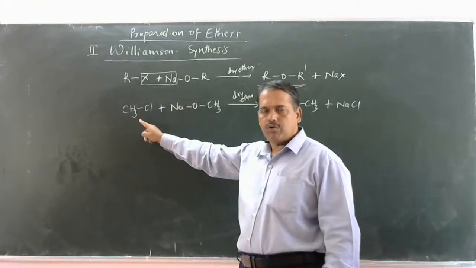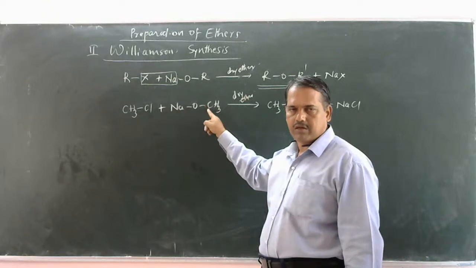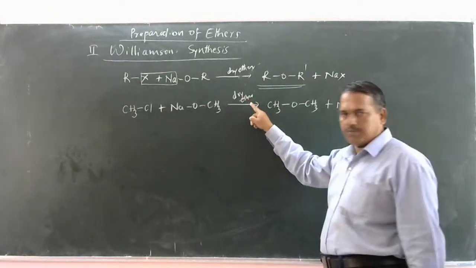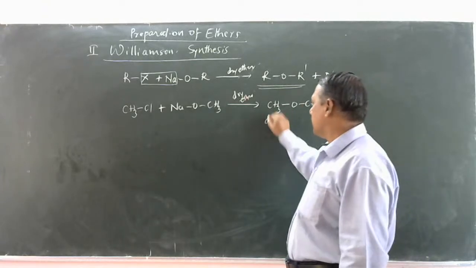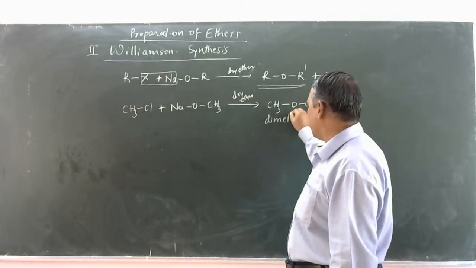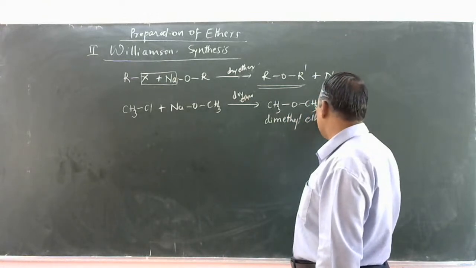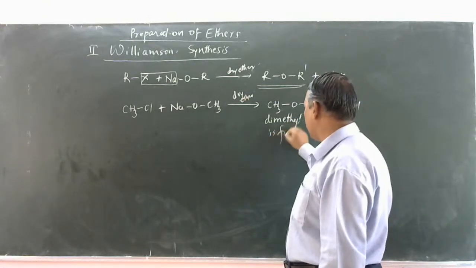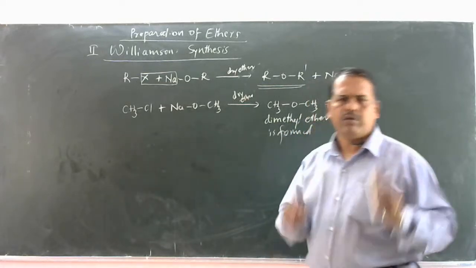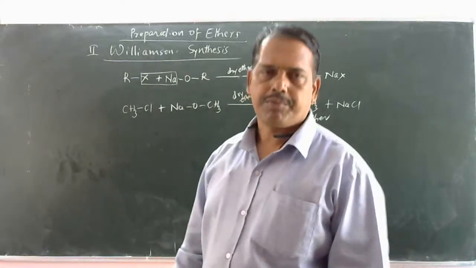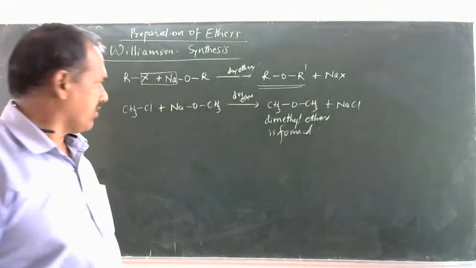Particularly when methyl chloride reacts with sodium methoxide in presence of dry ether, dimethyl ether is formed. Very simple reaction, which can be asked for 2 marks. So be familiar with Williamson's synthesis.